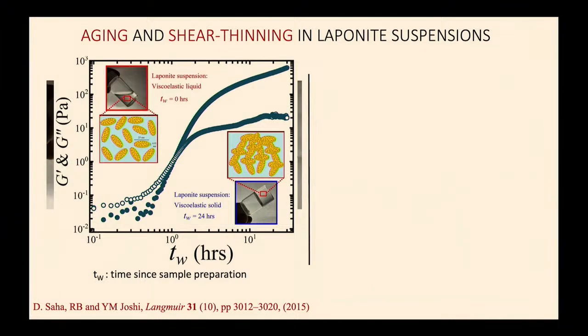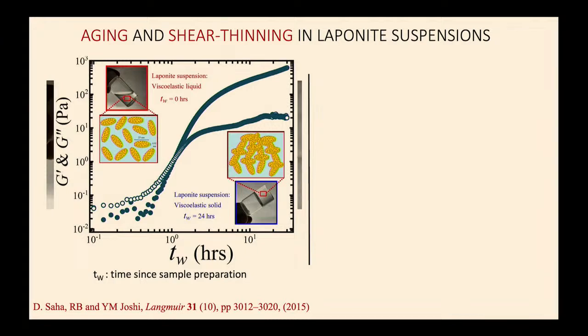The hollow symbols are above the solid symbols. But if you just wait, again not disturbing your sample, for about an hour or so, you can see that the elastic modulus exceeds the viscous modulus. That's where the viscoelastic liquid to solid transition just happened. And if you go further down in time, which is what we'll mostly be doing, you can see that this is a solid.